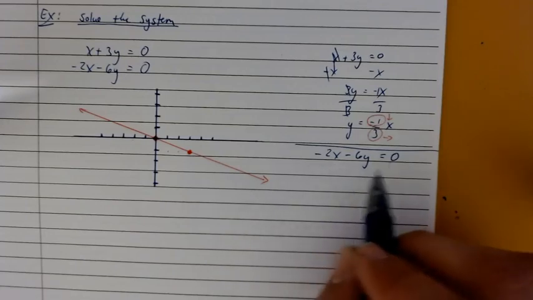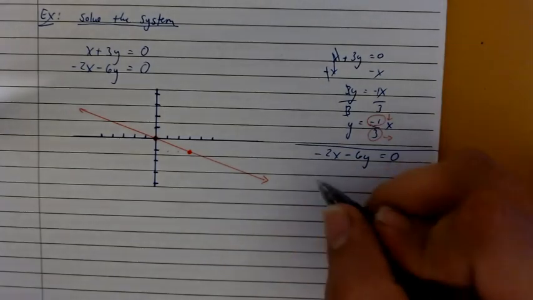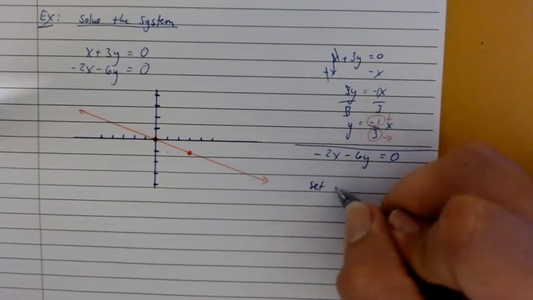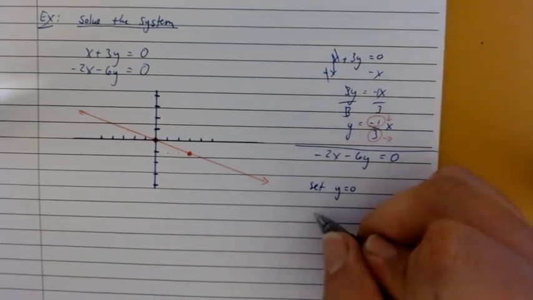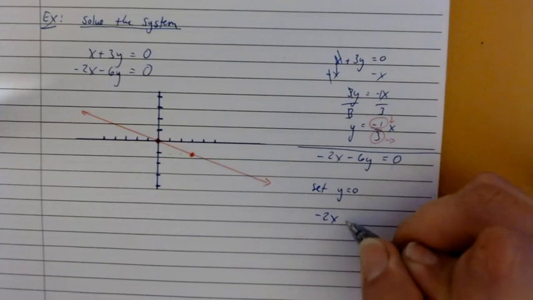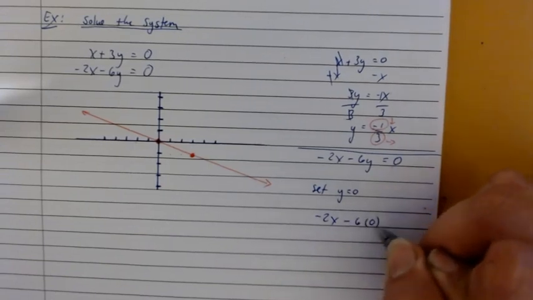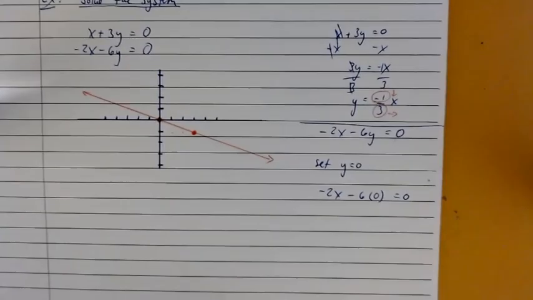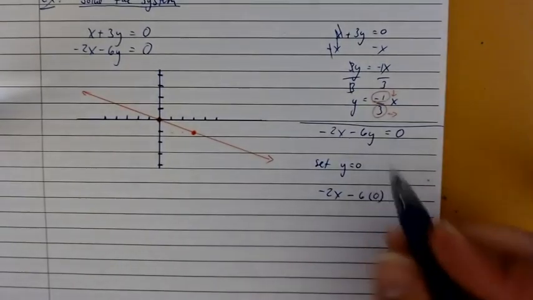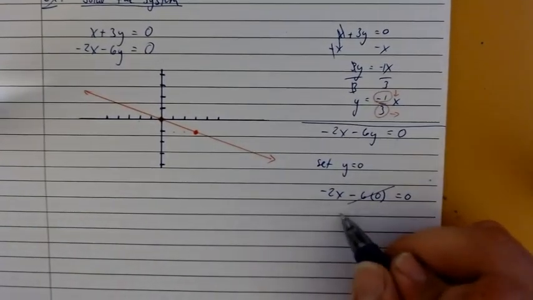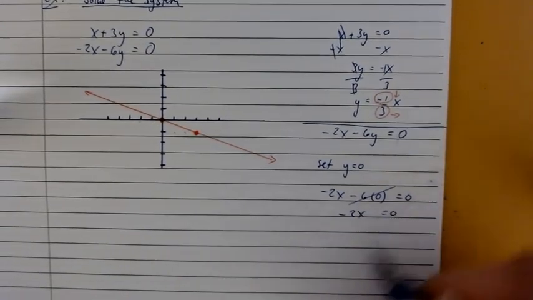So let me plug in y is equal to 0. Let's see what happens. If I set y equal to 0, that's negative 2x minus 6 times 0 equals 0. Well, 6 times 0 is 0, so we can just ignore that. That gives us negative 2x is equal to 0.